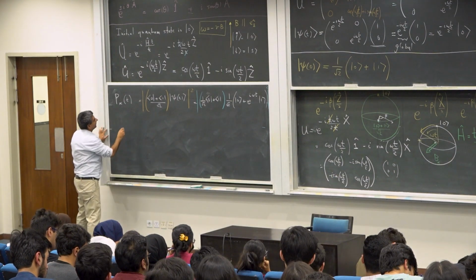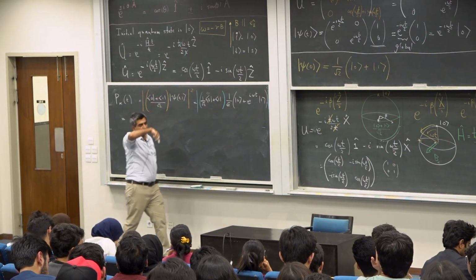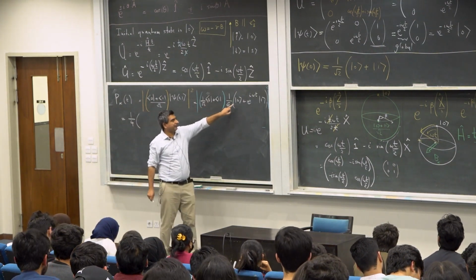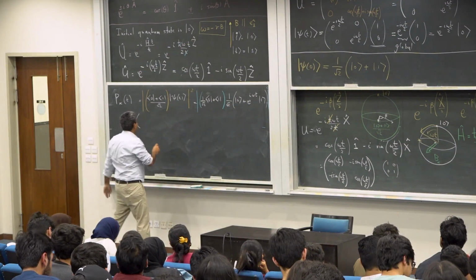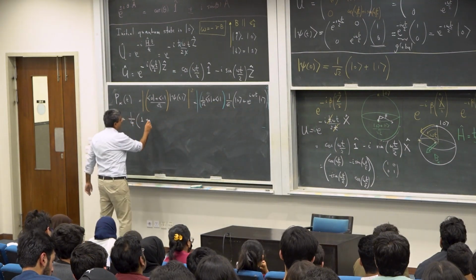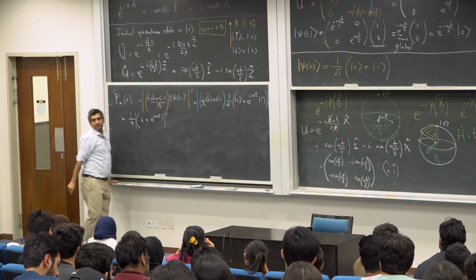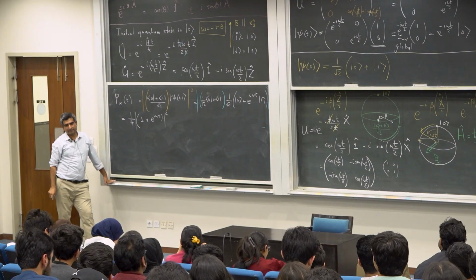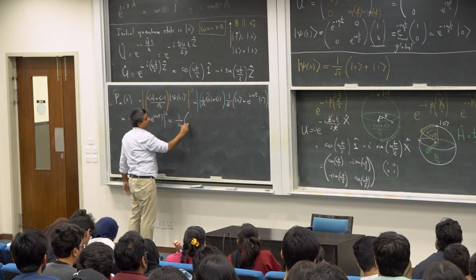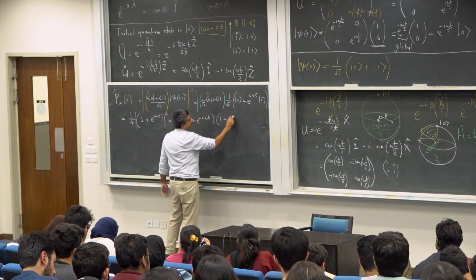So if I were to compute this, this is 1/2. Take the square, 1 by 4. This gets out of the bracket. Now, ket 0's overlap with this is non-zero, it's 1. Plus, this gives me e to the i omega t. Now, I need to take the modulus square of this part, correct? 1 by 4, 1 plus e to the i omega t, its complex conjugate multiplied with the scalar itself.